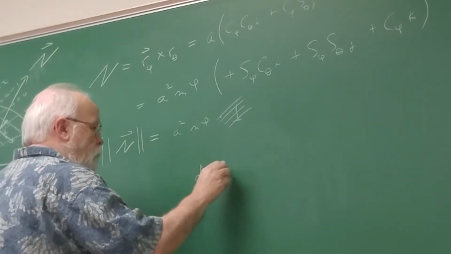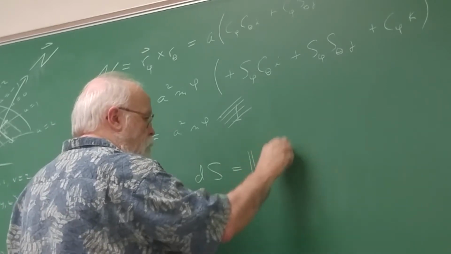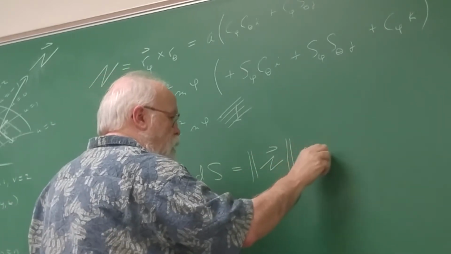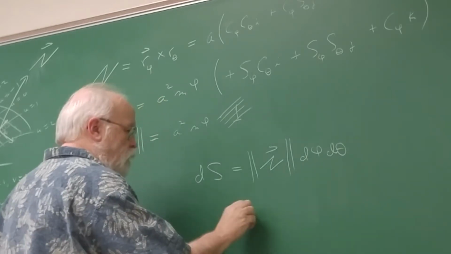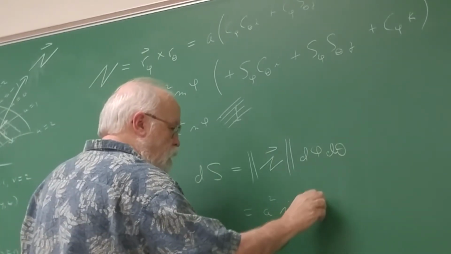ds is the magnitude of function n times d phi d theta. So I get a squared sine phi d phi d theta.